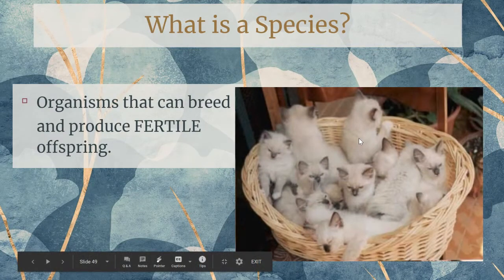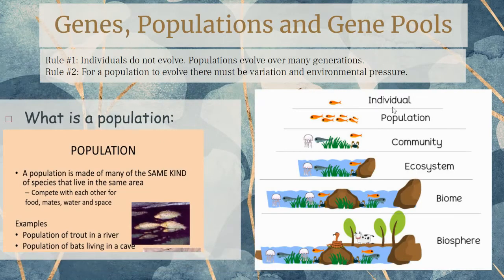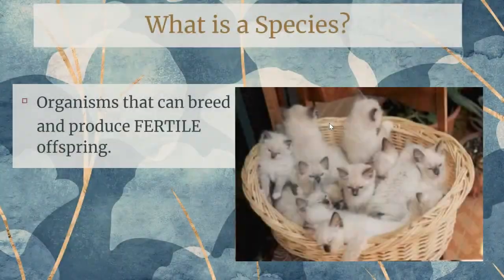More vocab. A species, we were talking back here about this individual being part of the same kind of species, a population being part of a population. A species is an organism that can breed and produce fertile offspring. So we know some examples of organisms that can hybridize and cross species, have offspring.